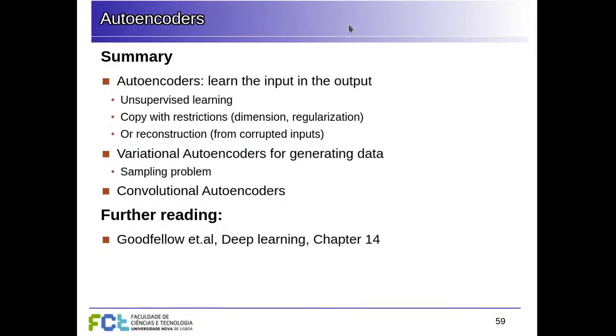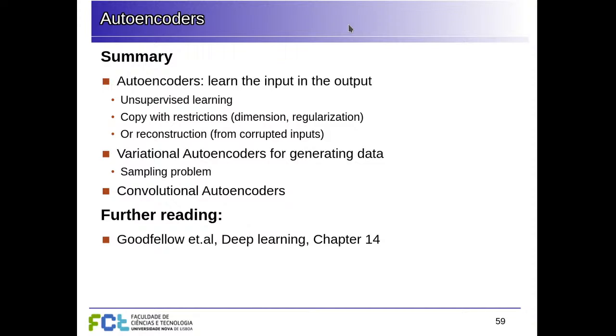Okay, so to sum up the autoencoders part, this is, from the perspective of the human, unsupervised learning, although looking at the network, it learns just the same way as it always learns, but we do not need labeled data. And what we are doing is basically forcing the autoencoder to reconstruct the input, but with some constraints that we impose in order to force it to create some meaningful representations.